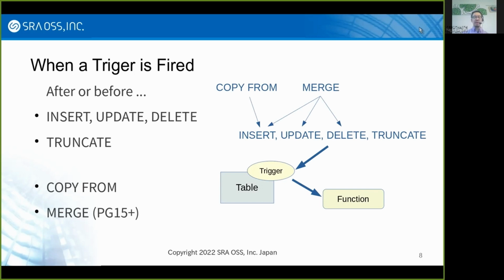In addition, the copy from command is a command to insert rows into a table, so when the copy from command is performed, insert triggers are fired. And the merge command, which was introduced in PostgreSQL 15, performs insert, update, and delete, so merge commands also fire triggers.